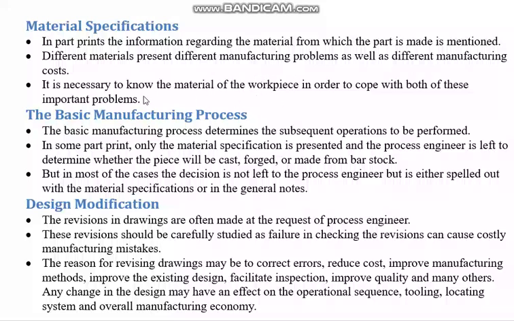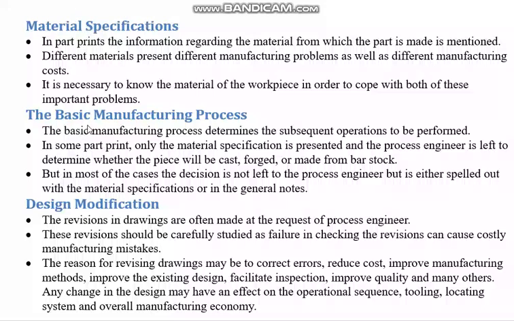So you see, it is necessary to know the material of the workpiece in order to cope with both of these important problems. What are those two important problems? One is the manufacturing difficulties, and the second is the manufacturing cost. These two things are affected by the material.